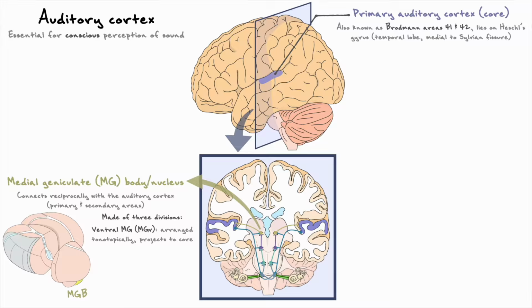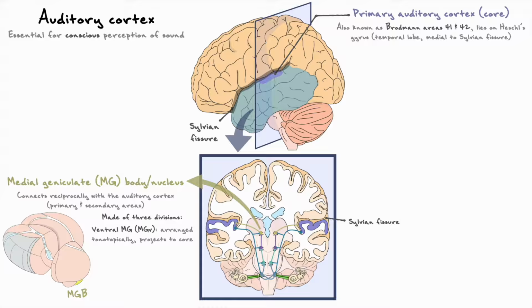So, to locate all these regions, let's start with the temporal lobe, which is highlighted here in blue. This lobe is separated from the frontal and parietal lobes by the sylvian fissure, here highlighted in black, and on our cross-section, you can see that the sylvian fissure makes this deep cut in the brain, and this is where we will find our primary auditory cortex.